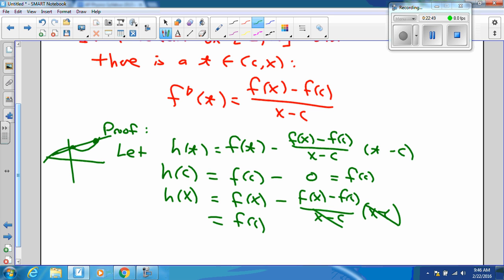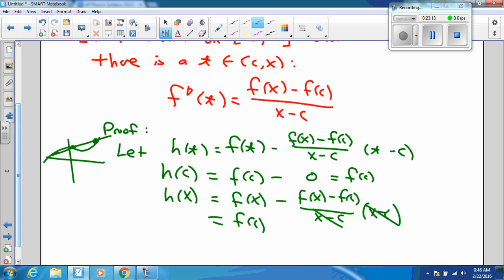And now because h of c and h of x were the same value, we were guaranteed that somewhere in between, by Rolle's theorem, there was a horizontal tangent. Because my function's continuous, it has to have an absolute max and an absolute min, and one of those has to be in the interior, therefore we get a horizontal tangent.